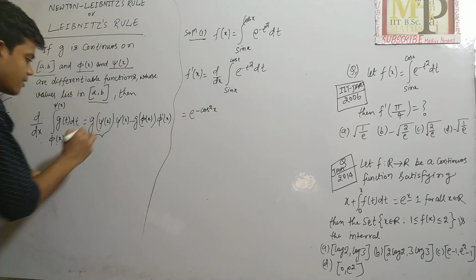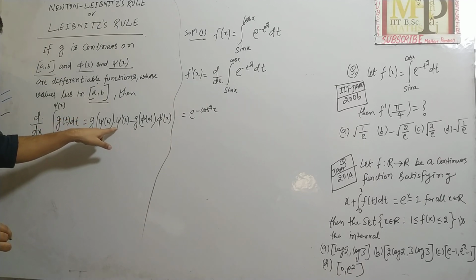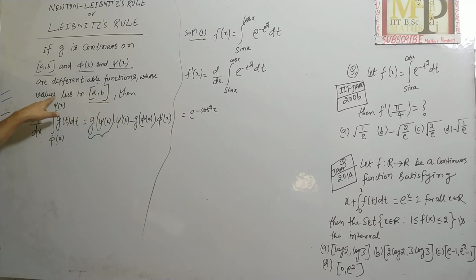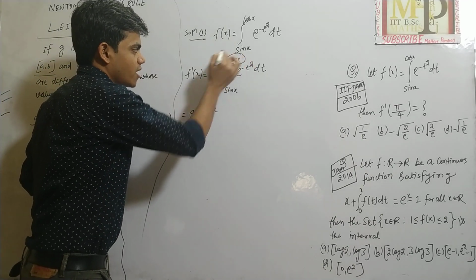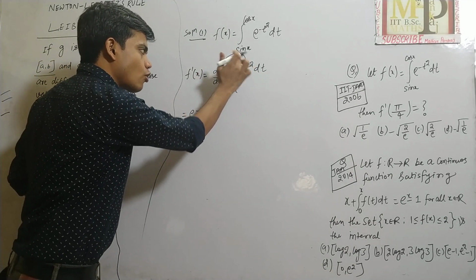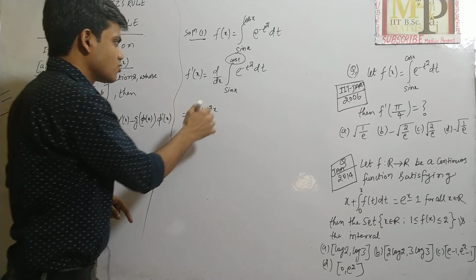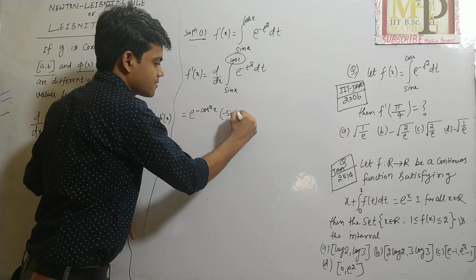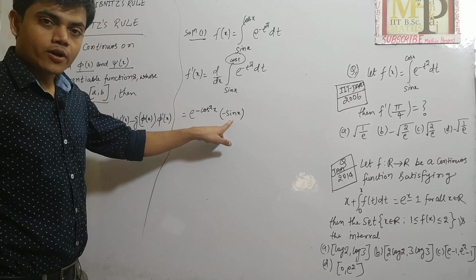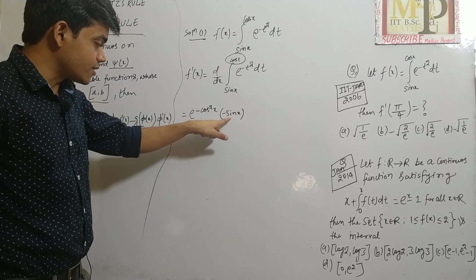This is done. In the next case, psi dash x means you need to differentiate this upper limit, the differentiation of cos x, which is minus sin x.